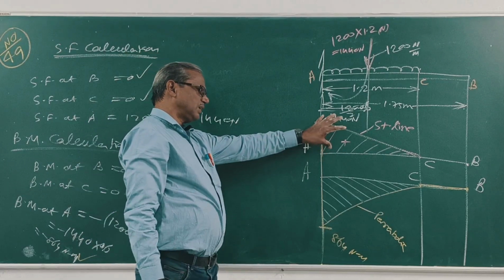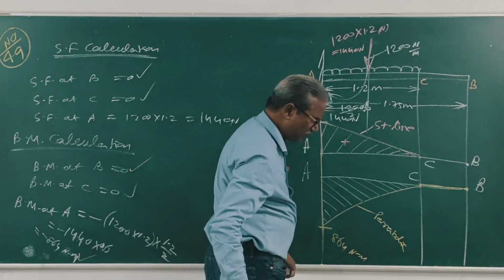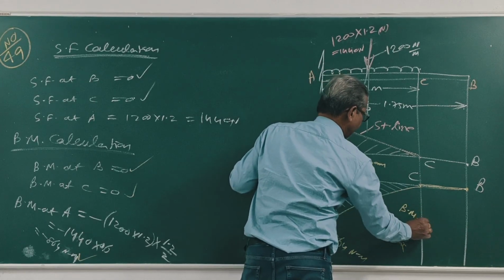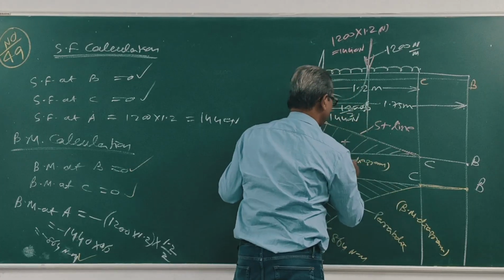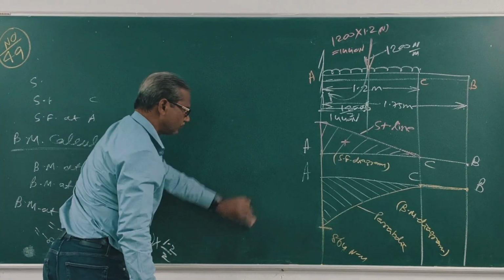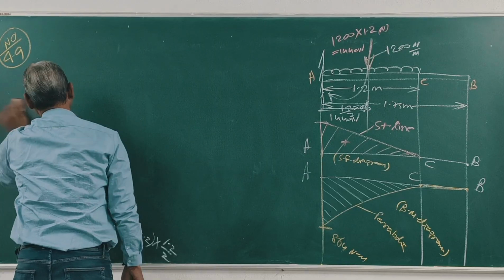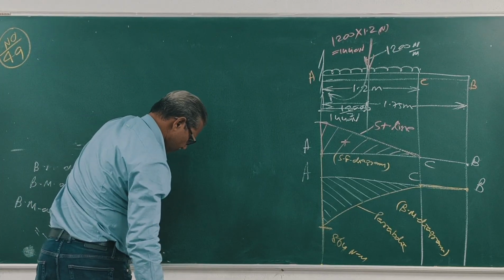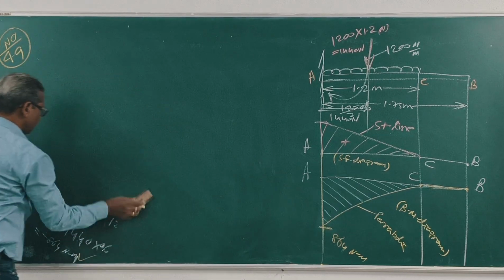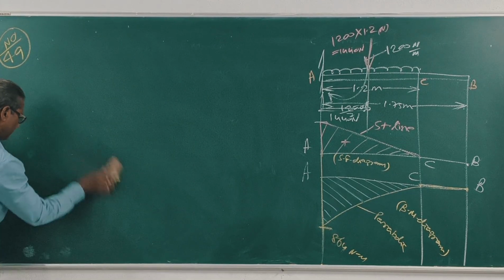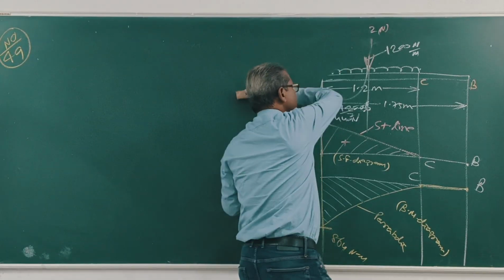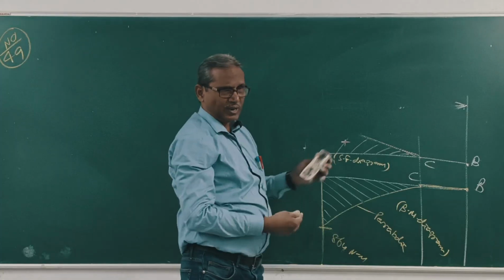Clear? This is the SF diagram. This is the BM diagram, the bending moment diagram.